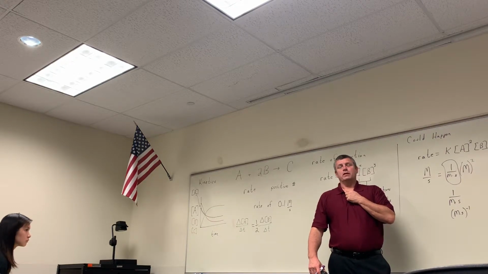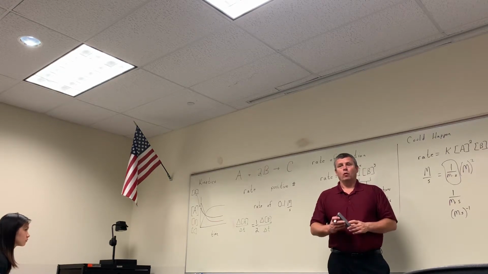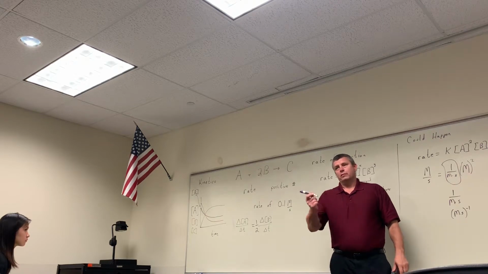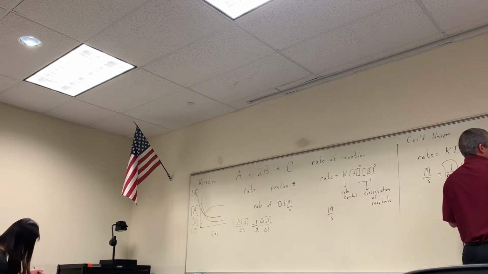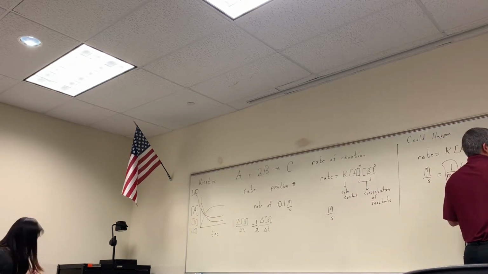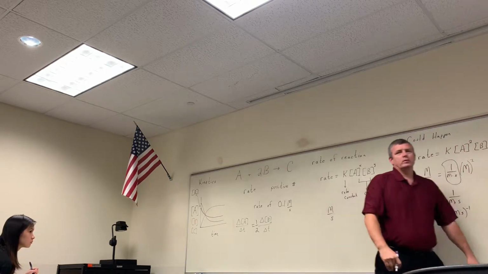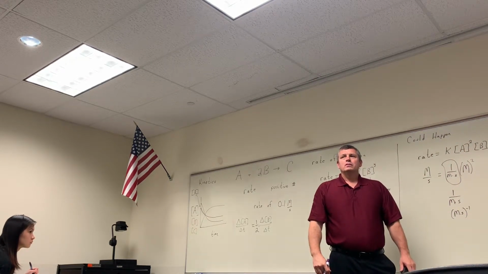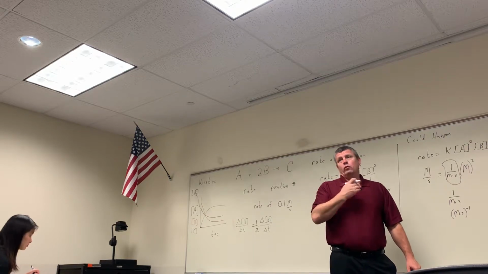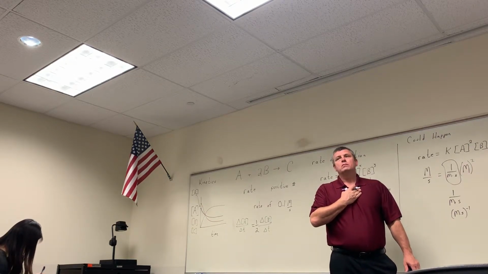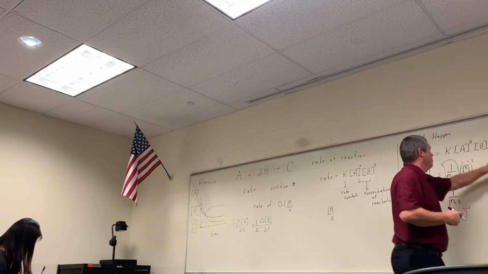Yes, because that's what they did in algebra, if you remember. The order of a polynomial was the sum of the exponents. So if you had 3x squared y to the 4th, what order polynomial is that? 6th order. Second order in x, 4th order in y, 6th order. It's the same idea here.